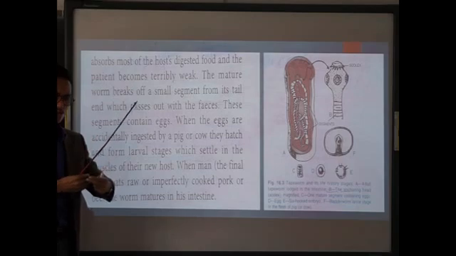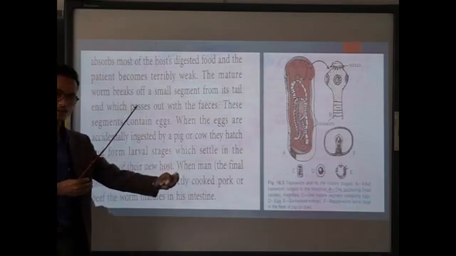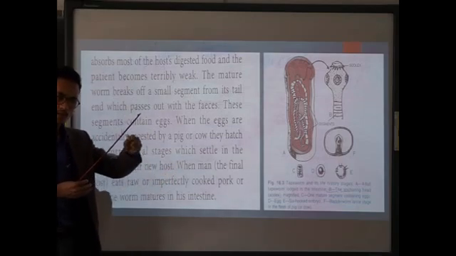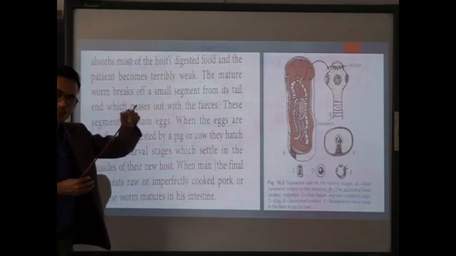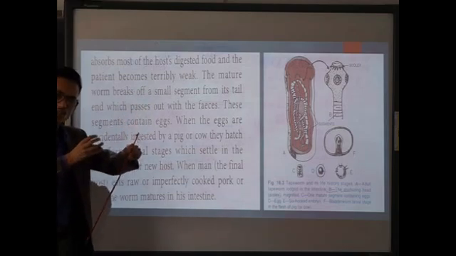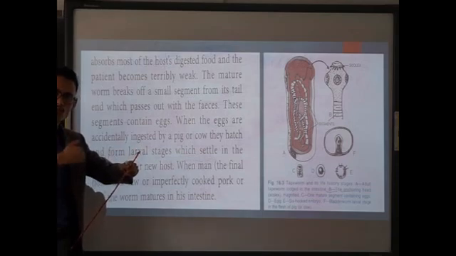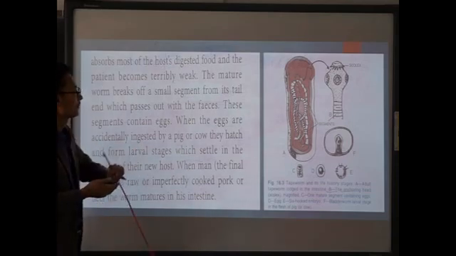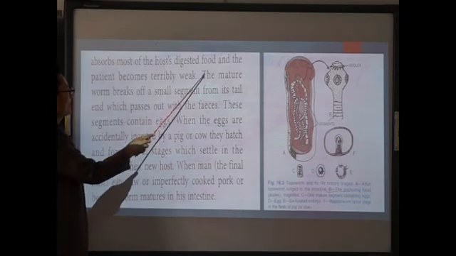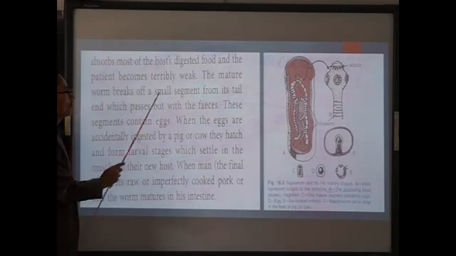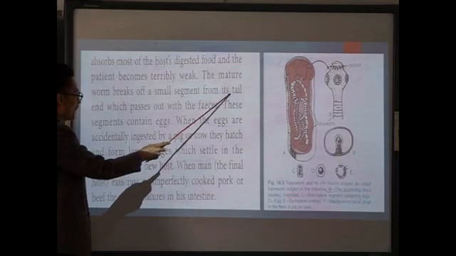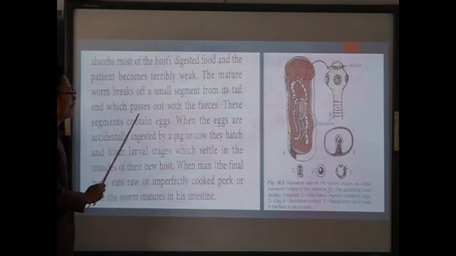Clear? So these Taenia solium thrive in the intestine of the host, and once present, they start absorbing nutrients from the host body, so that the host becomes very, very weak.